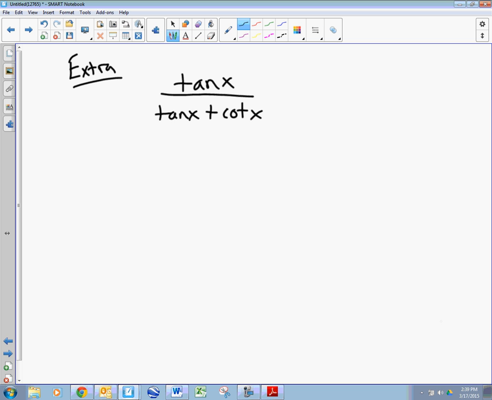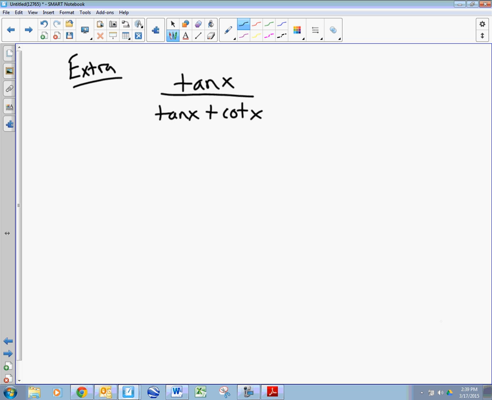Sometimes, as we change from sine to cosine and whatnot, we have to trust that as it's written as a fraction, things will reduce. For example, sine divided by cosine is tangent. A lot of times when you have fractions in trigonometry, if we just work out the complex fraction, we'll arrive at a solution.